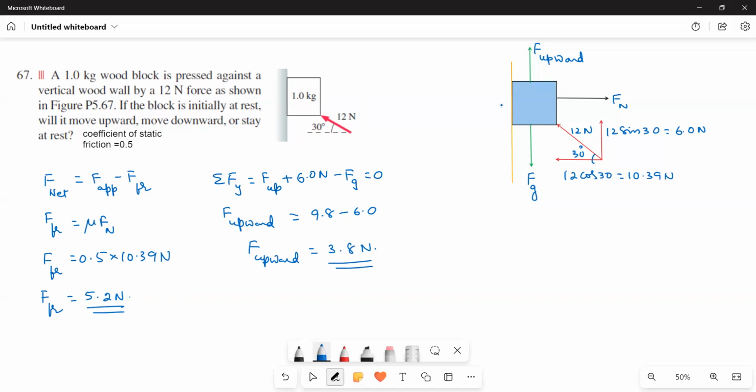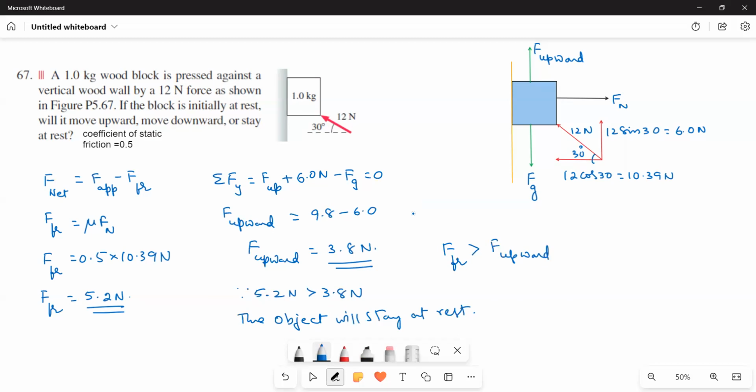Okay, so the frictional force is greater than the upward force. That is why the object remains at rest, since 5.2 newtons is greater than 3.8 newtons. I will write F friction is greater than F upward. Therefore, the object will stay at rest.